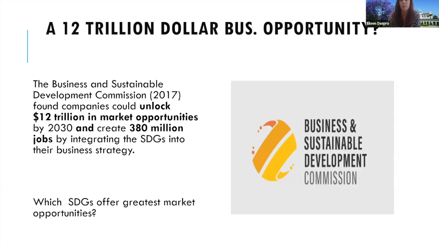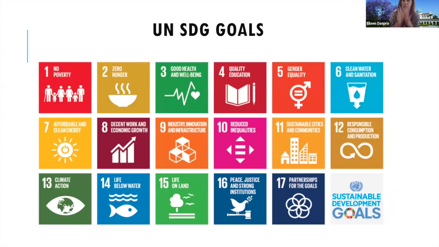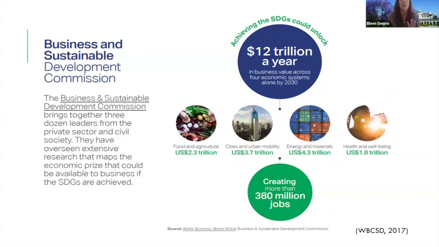So here are, again, the 17 Sustainable Development Goals. And you might be wondering, of these different goals, which are the ones that have embedded the greatest market opportunities? Where does that $12 trillion opportunity lie in these 17 goals? Going back to their research, they focused on a couple of SDGs specifically where the greatest market opportunities lie.